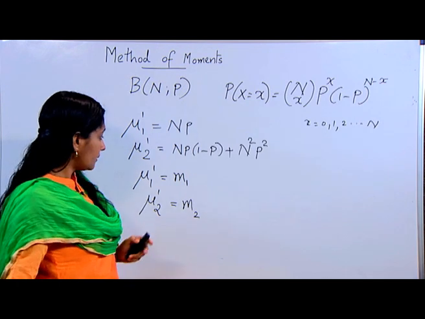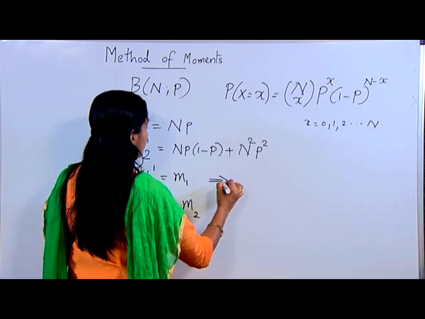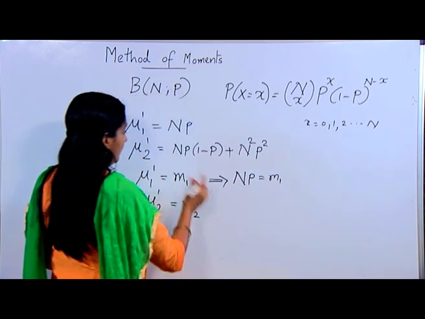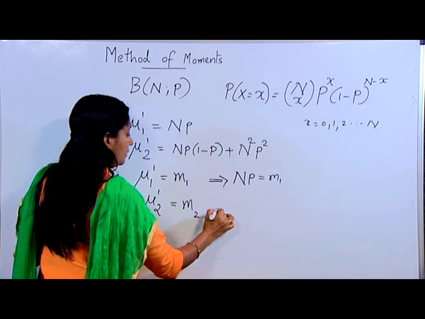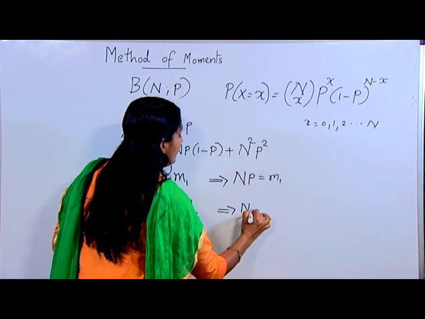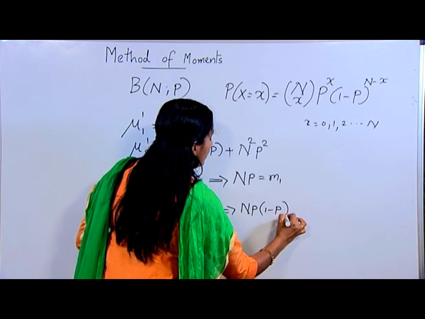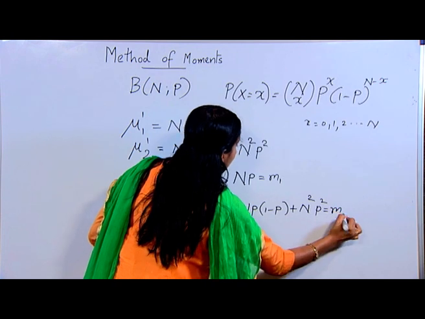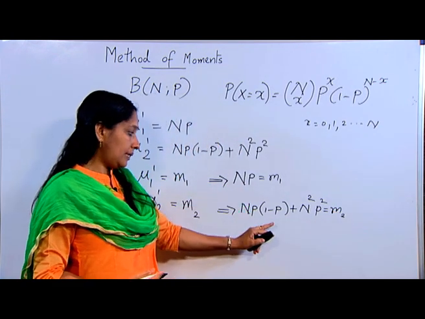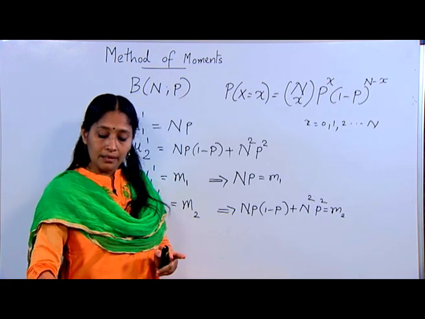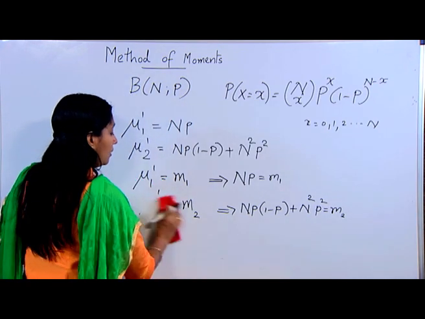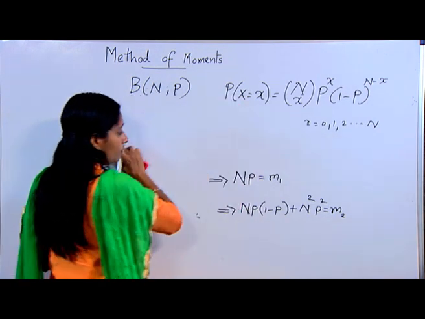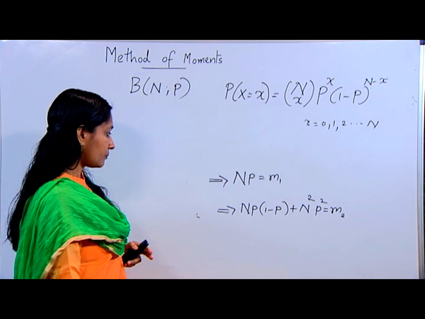Therefore, we get from this one Np = m1, and using the other equation we get Np(1 - p) + N^2 p^2 = m2. So, these are the two equations. We have to solve these two equations to get the estimators of the parameters of the binomial distribution.